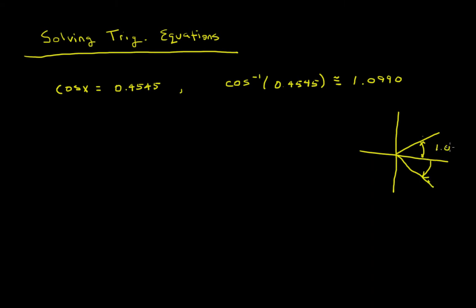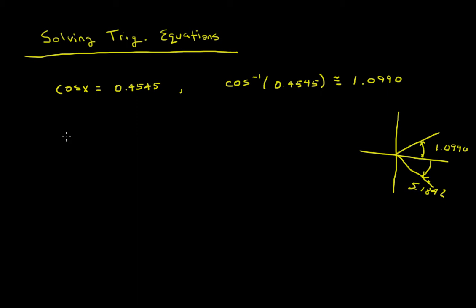The top one here is about 1.0990. Taking the original cosine inverse of 0.4545 and subtracting that from 2 pi would give us the larger angle, which would work out to 5.1842.